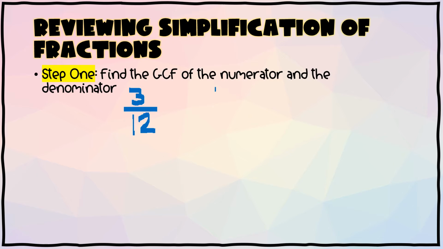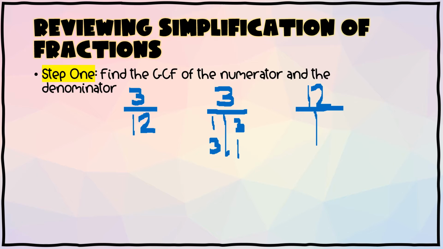The GCF is whenever you make that t-chart for each number, for the numerator and the denominator, and you multiply. So we have 1 times 3, and then 3 times 1, and that's pretty much it for 3. And then for 12, I have 1 times 12. I have 3 times 4. I have 4 times 3, 6 times 2, so on and so forth.